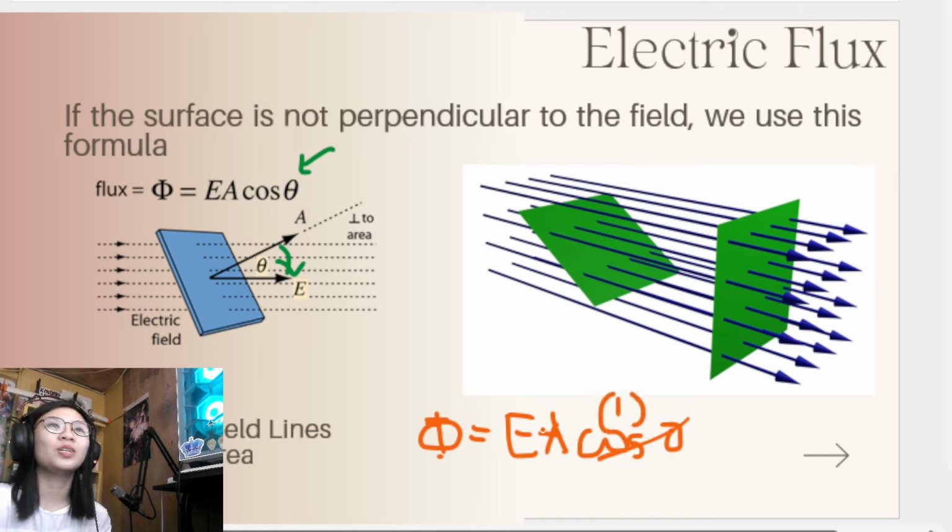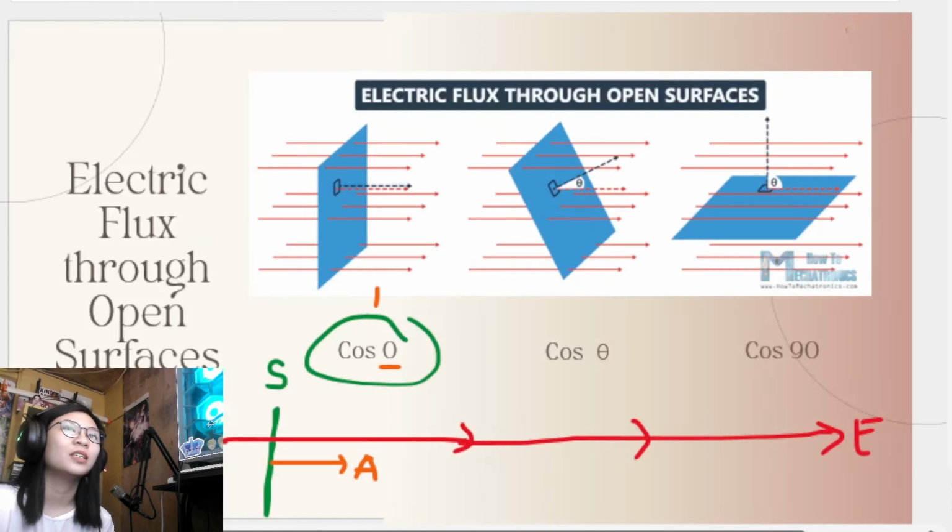Therefore, you get the full, the highest electric flux if S and A are parallel to E. That is the highest possible electric flux for that surface and that electric field. But if it is slightly slanted, it will depend on your theta.